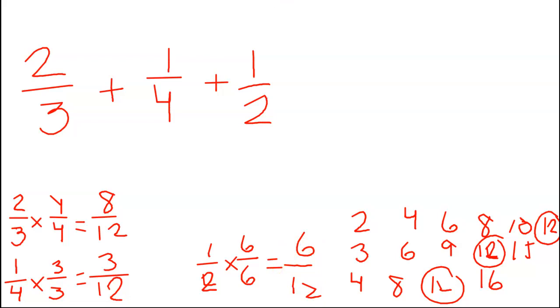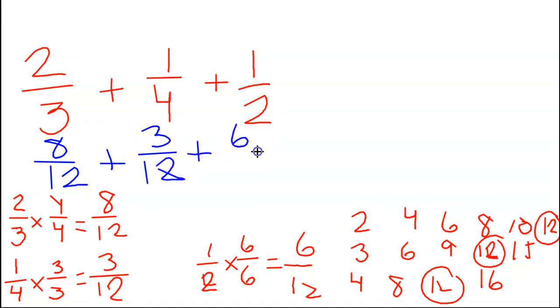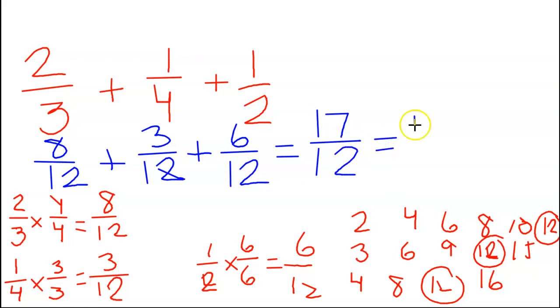When I rewrite these with my renamed fractions, 2/3 is the same as 8/12, 1/4 is the same as 3/12, and 1/2 is the same as 6/12. 8 plus 3 is 11, plus 6 is 17, and I'm working with 12ths. Again, let's pull out that whole, which would be 12/12, which means I have 5 left over, since 5 plus 12 equals 17.